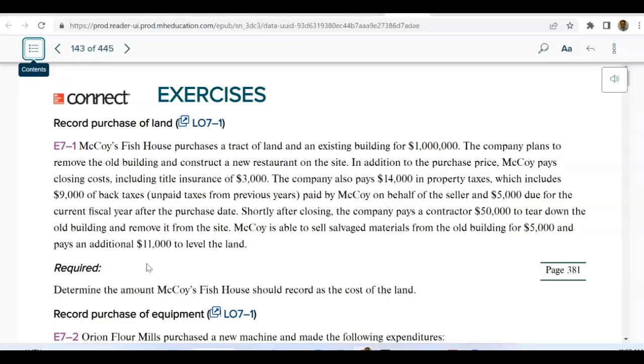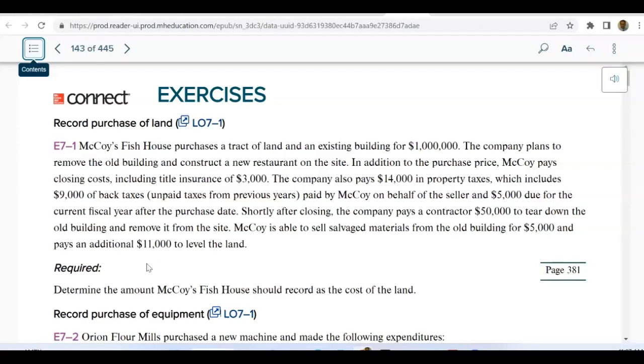In addition to the purchase price, the company pays closing costs, including title insurance, $3,000. The company also pays $14,000 in property taxes, which includes $9,000 of back taxes, which was supposed to be paid by the previous owner, and paid by McCoy on behalf of the seller, and $5,000 due for the current fiscal year after the purchase date.